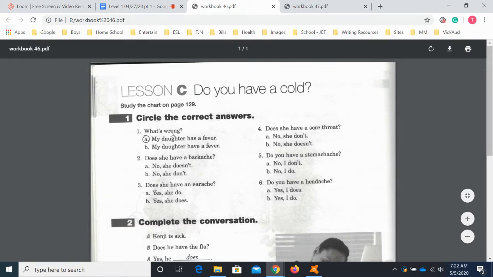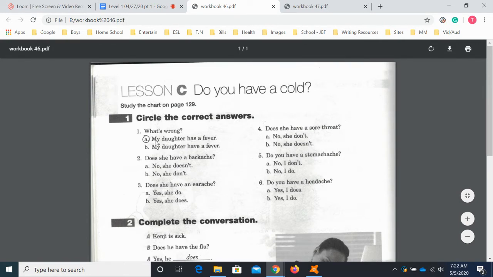So number 1, the question is, what's wrong? And you could pick from either A or B. A says, my daughter has a fever. B says, my daughter have a fever. Well, the correct answer is A, my daughter has a fever.